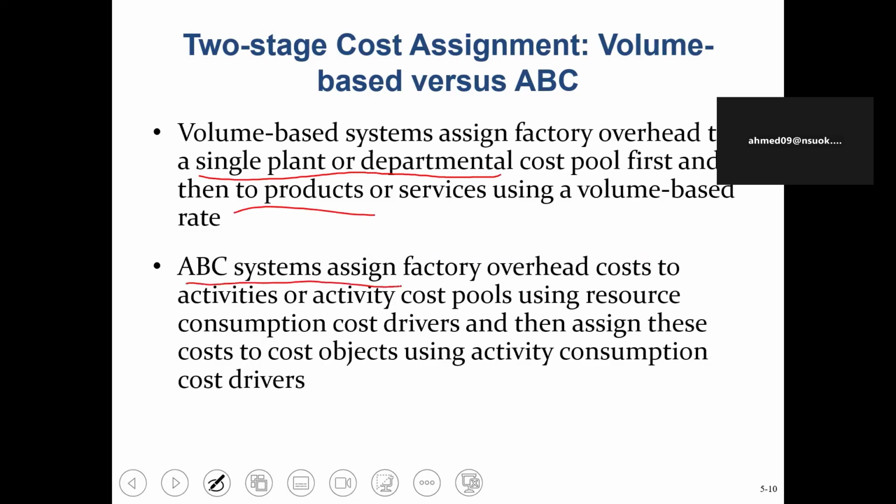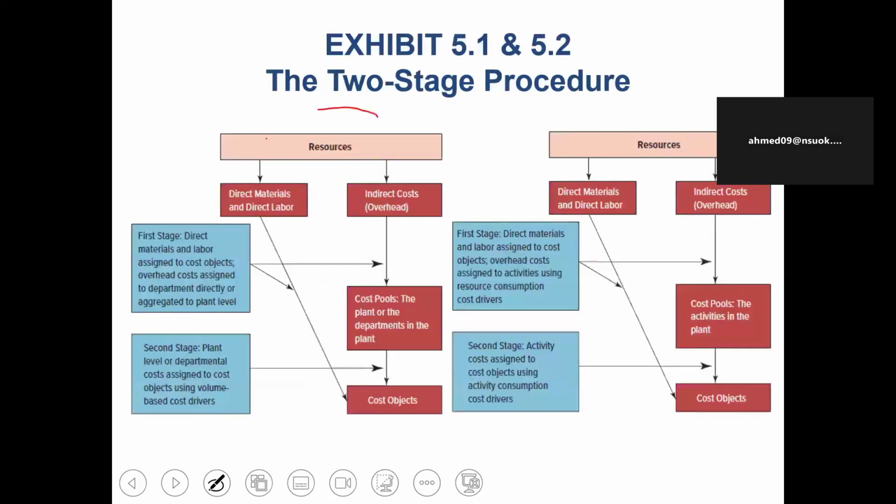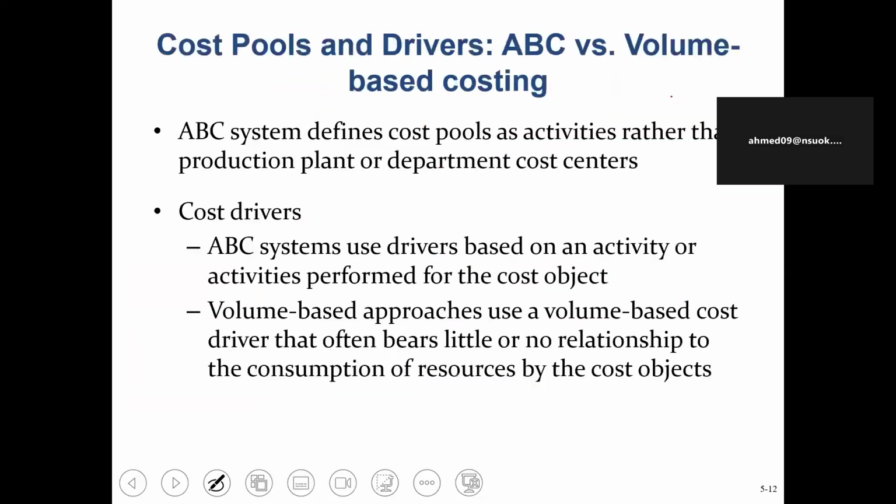Whereas ABC assigns to the activities, or activity cost pools, using resource consumption cost drivers, and then after that they assign to the cost objects. What they use is the activity consumption cost drivers. So in practice, you will understand this when you calculate the difference between the two methods and the two stages.